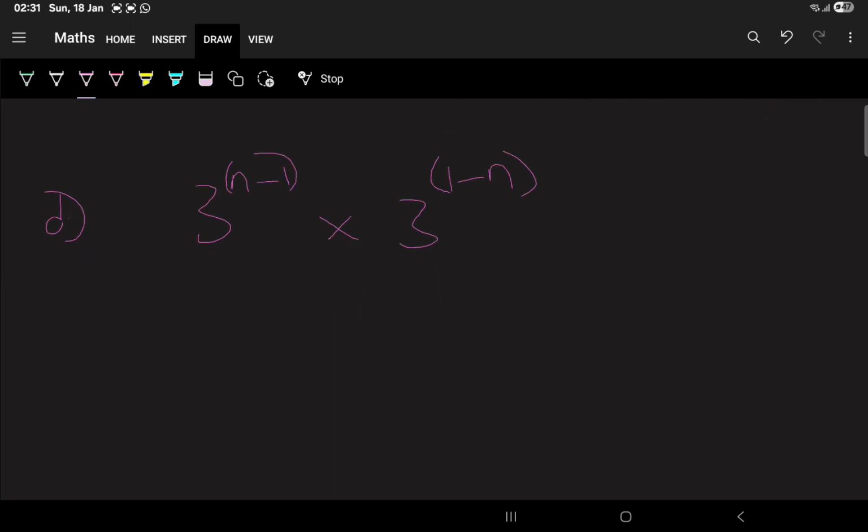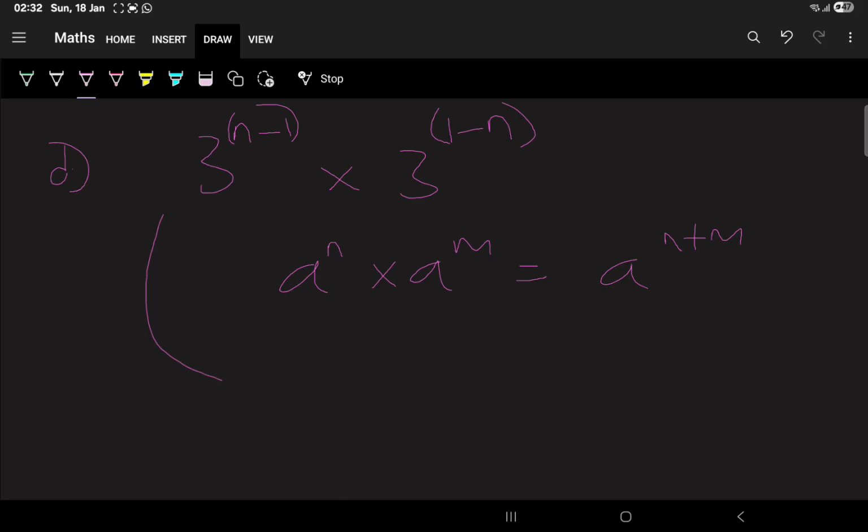It's the same principle. If you have a raised to the power of n times a raised to the power of m, remember it's a raised to the power of m plus n, in this case n plus m, since the index n comes before m.